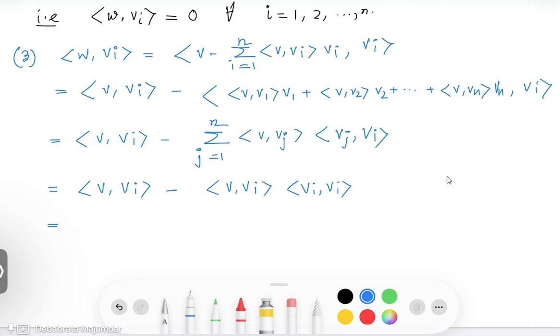Now tell me about this thing. Is it one? Orthogonal. So it means the norm is one.